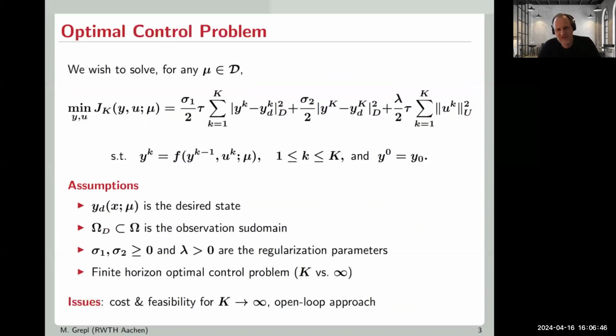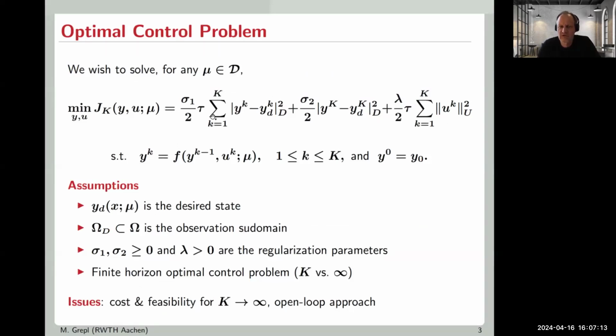So let me start with a short introduction of the optimal control formulation. In this setting, again, we wish to solve for any parameter mu in D. We want to minimize a cost functional J_k, here the typical tracking type cost functional, which involves the deviation of the state y from the desired state y_d over the time interval.